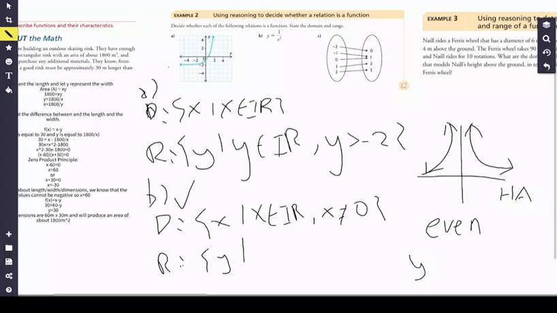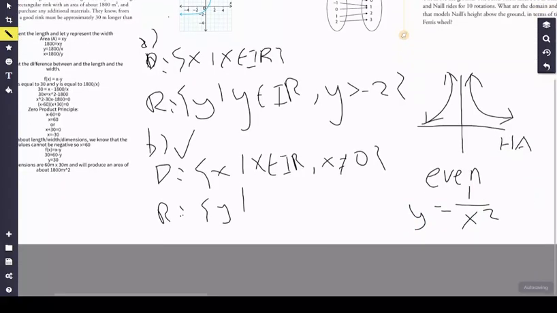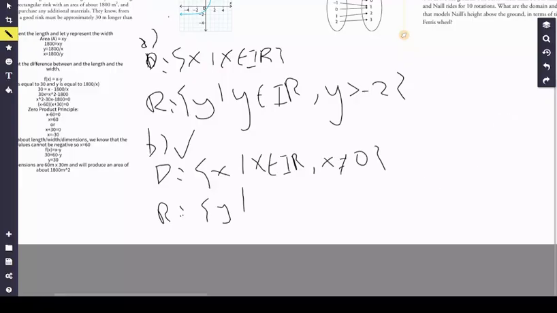Because as our x gets very big, all the way to the right, this function is 1 over something, but it's never 0. No matter how big x is, it will never be 0. So y is all real numbers, but y is still greater than 0.